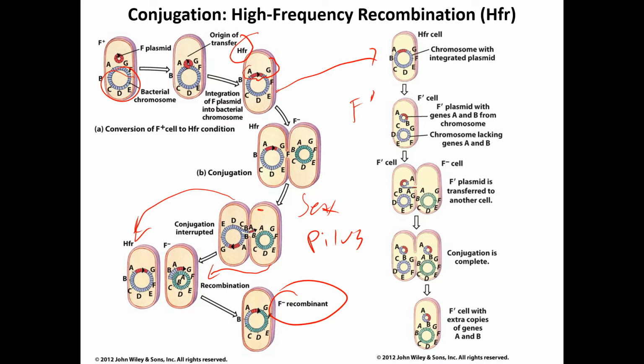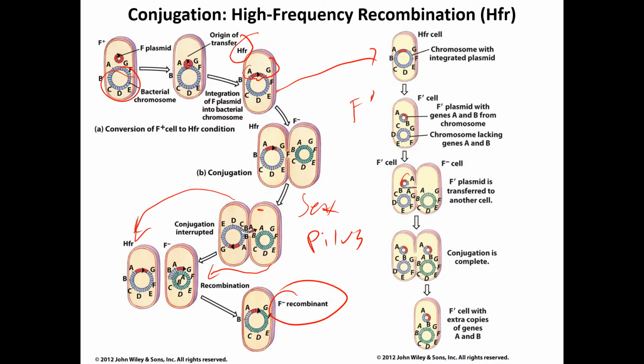Alright. So this F prime cell can interact with the F minus cell. This F plasmid gets transferred to your F minus cell. Alright, so now, as a result, you end up with a bacterial cell that becomes F prime, right?